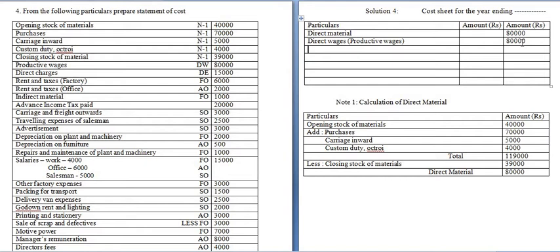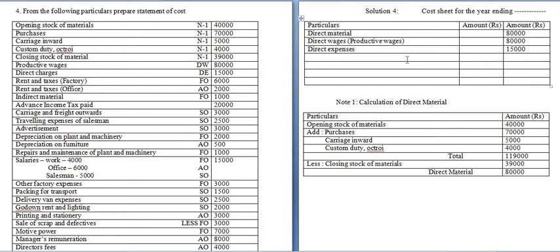Next is direct expenses. Here they have given direct charges, that is 15,000.